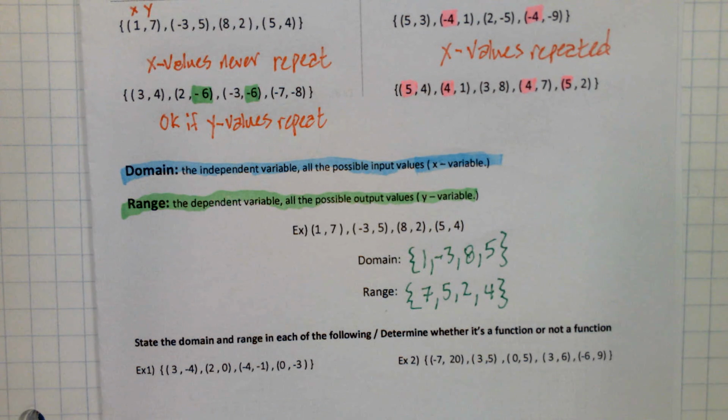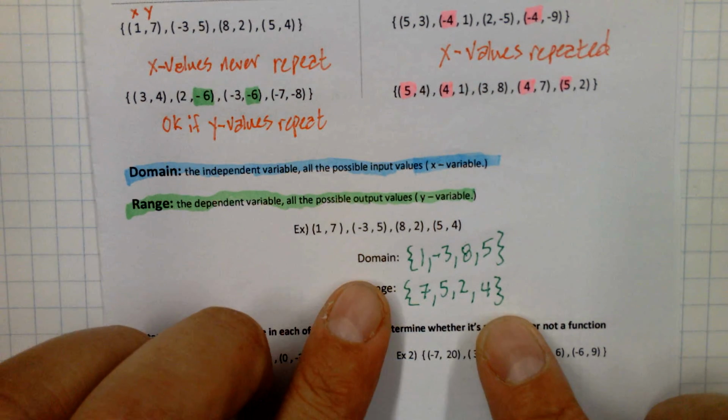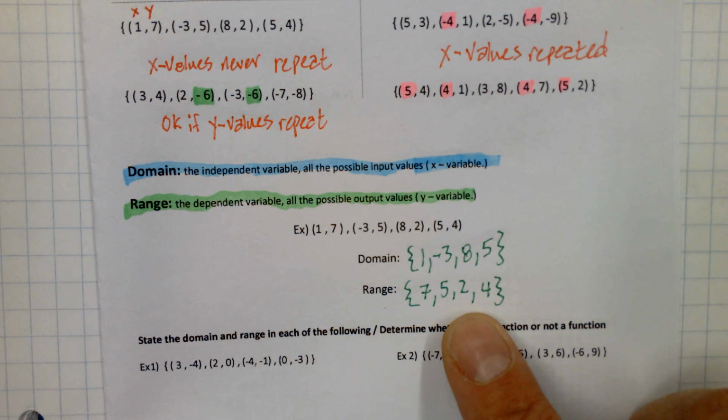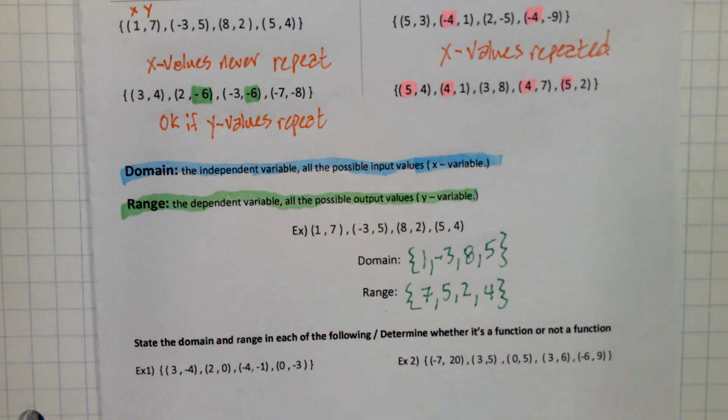They don't have to be in order, and you can have them repeating. So in other words, if say in the range side, 4 came up twice or 3 times, you would only write it once. You don't have to list 4 4s or 3 4s, however many came up.